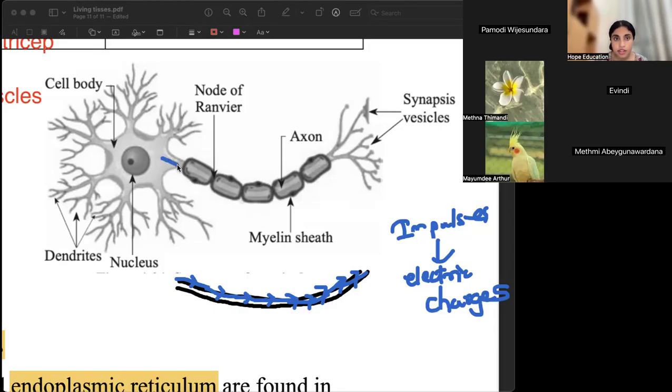This electric charge will come here. Once it arrives here, there is a small problem. The myelin sheath doesn't conduct electricity. It sees there is a small break here, a small break right near. There is a break here. There, where there is no myelin sheath, the electric charge will jump from here to here.